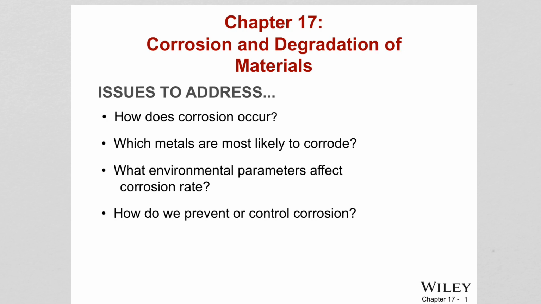But there is another form of degradation, which is the formation of a non-metallic scale or film. We call it oxidation, like formation of an aluminum oxide on top of aluminum. So this is also a form of deterioration of the materials. So corrosion and oxidation are actually two different things.